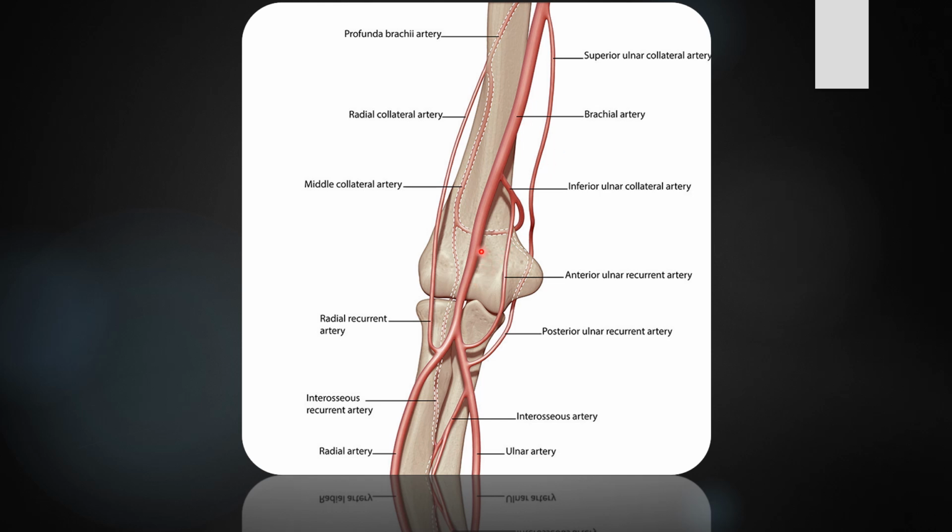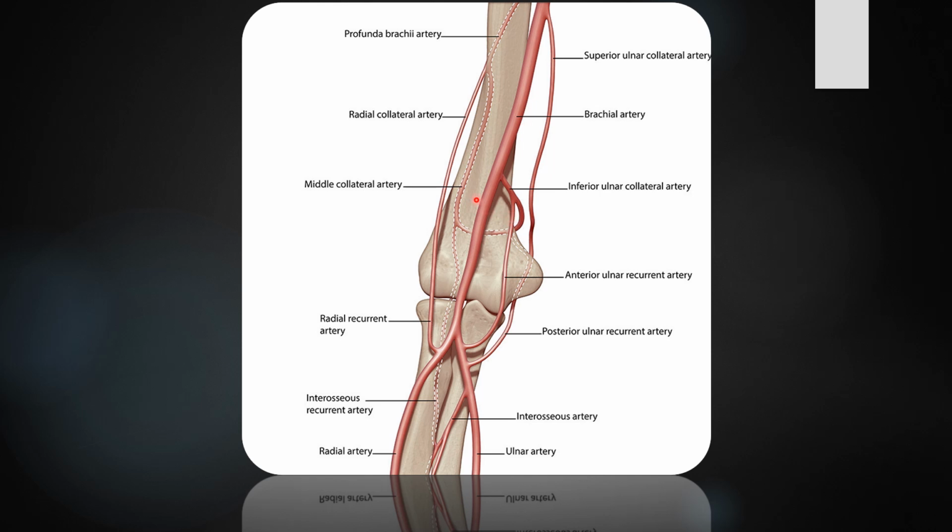Now these branches get into anastomosis around the elbow joint. There is a lot of flexion and extension happening in the elbow joint, so to prevent kinking of the blood vessels during flexion of the elbow joint, anastomosis occurs here. So what are those anastomoses? The superior ulnar collateral artery anastomoses with the posterior ulnar recurrent artery, and the inferior ulnar collateral artery anastomoses with the anterior ulnar recurrent artery.